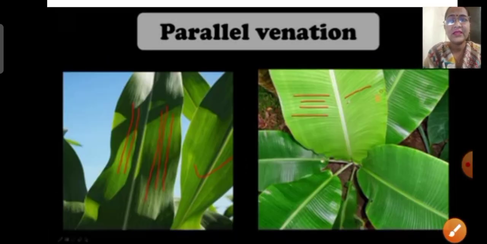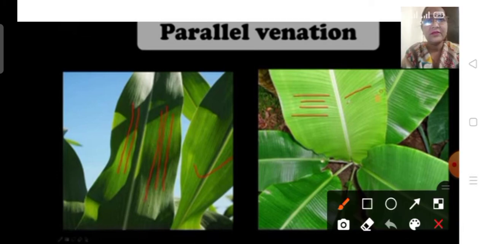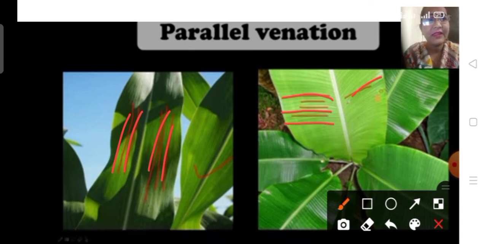Now next, this one is the example of parallel venation. Here the veins are parallel to one another, and if you see, here the veins are vertically parallel to one another, and in this the veins are horizontally parallel to one another.